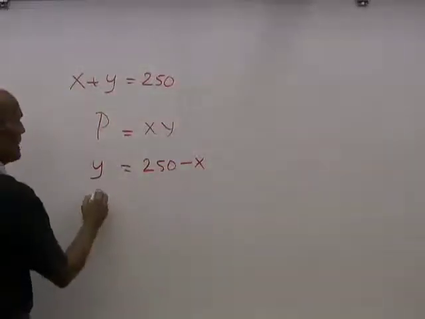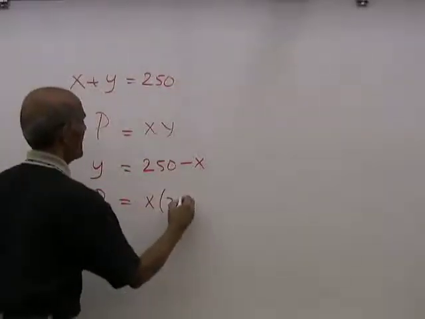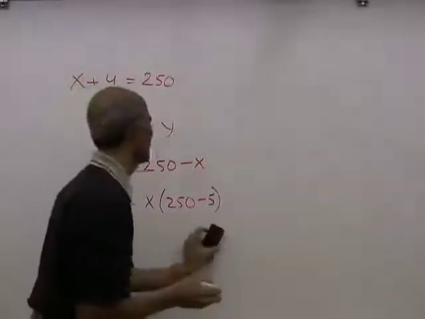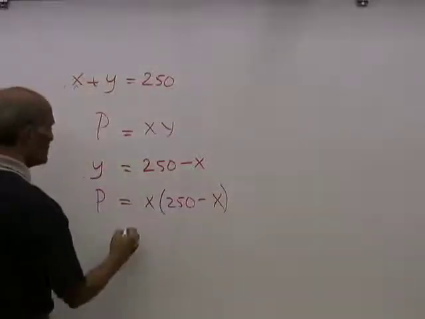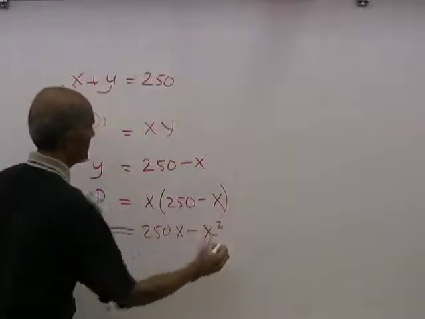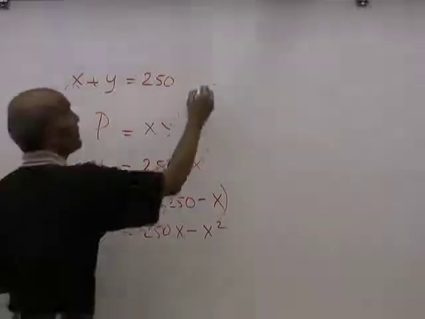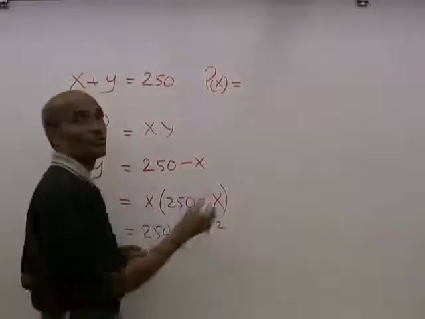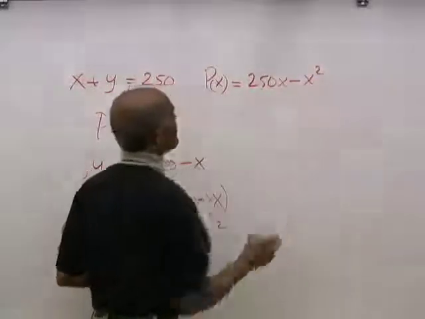And therefore, our function now becomes P equal to x times y, x times (250 minus x). Now that will be 250x minus x squared. Now we need to optimize it, so let's start by saying that this is our function. P of x equal to 250x minus x squared.